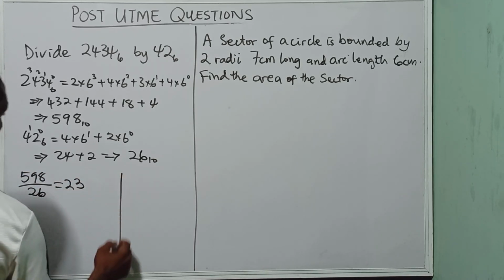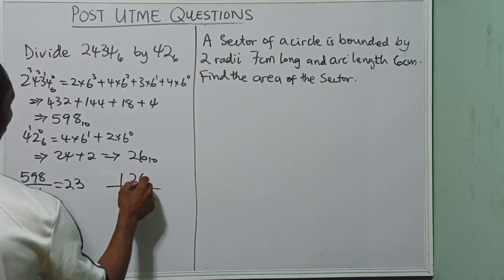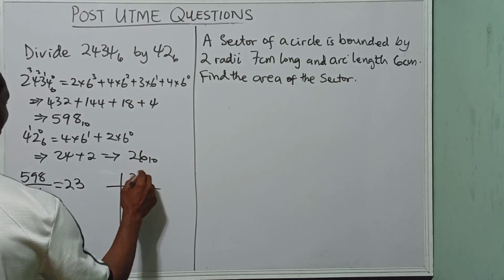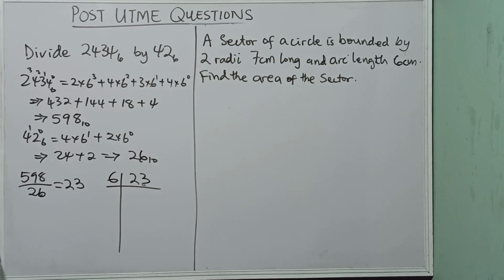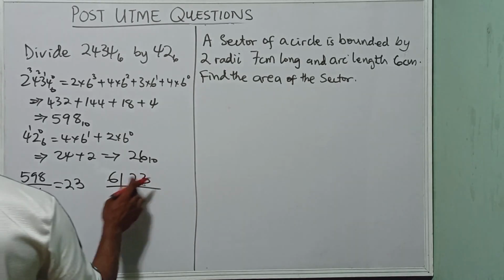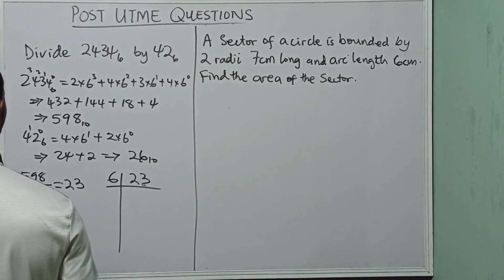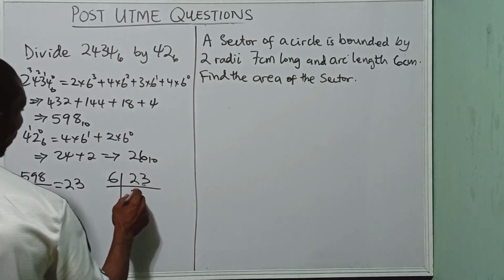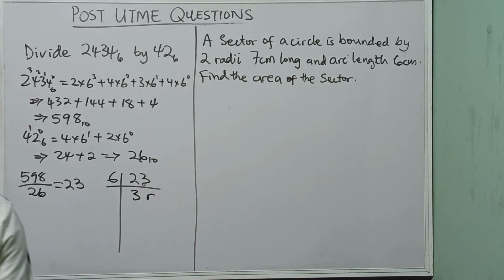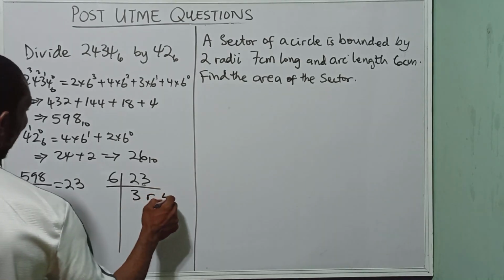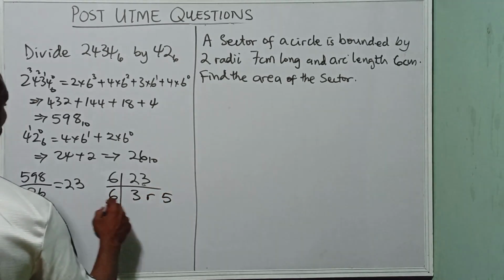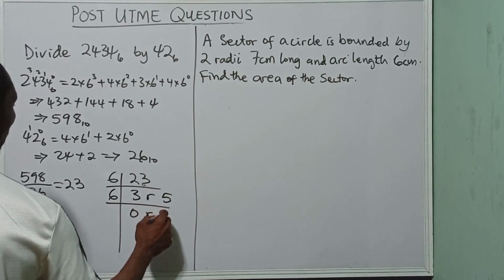So we now convert 23 back to base 6. Now 6 into 23 would give us 3, 6 times 3 is 18, remainder 5, and 6 into 3 will give us 0, remainder 3.